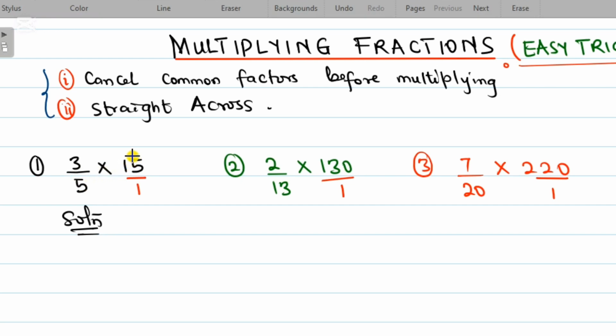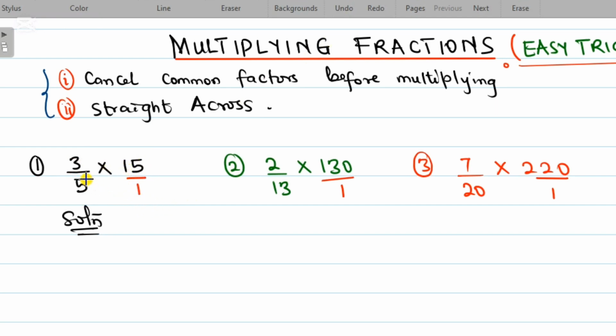You can cancel vertically or diagonally, so you can go this way or this way, but you cannot cancel horizontally. It's not allowed. You can see here that 3 can cancel 15, but you are not allowed to do that. You can only go vertically or diagonally.